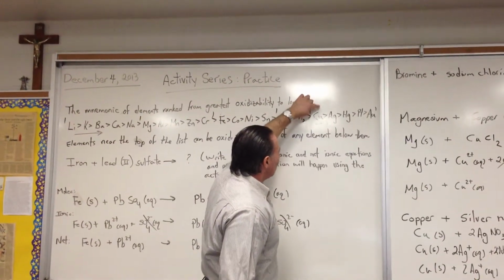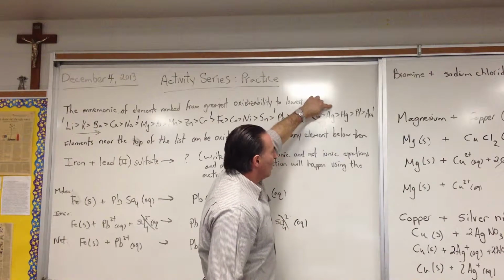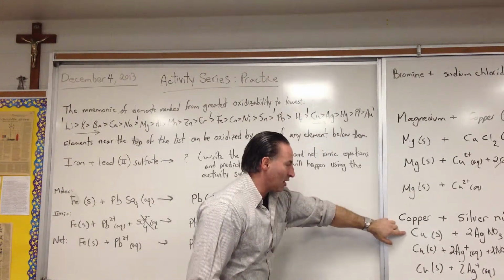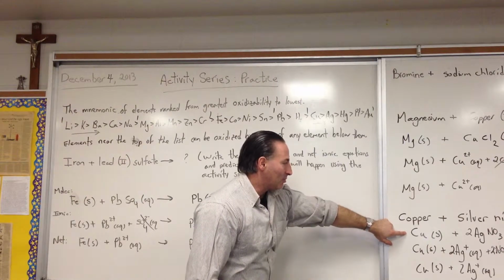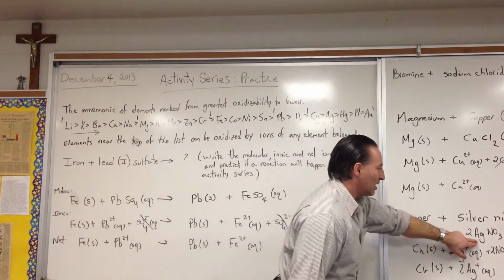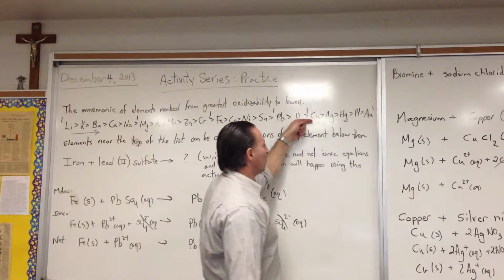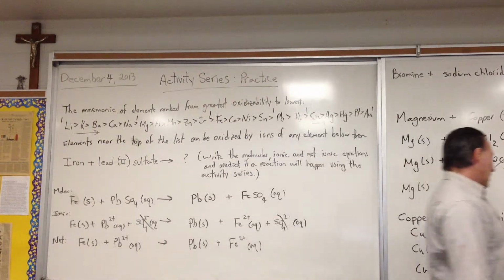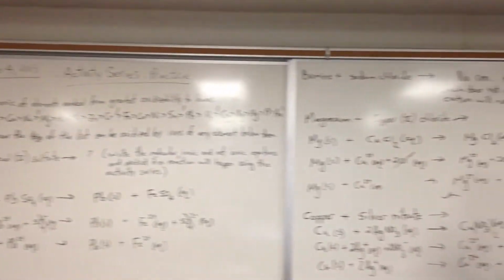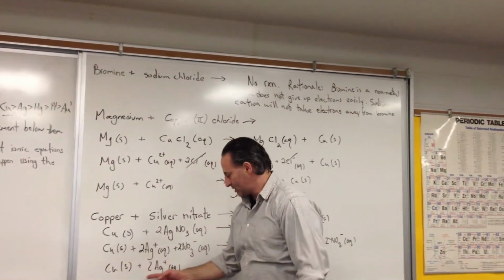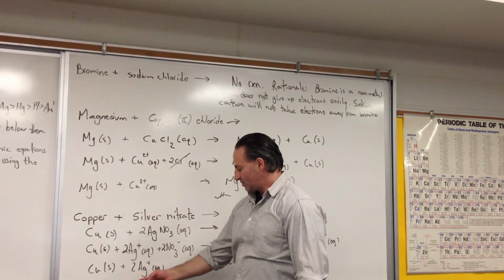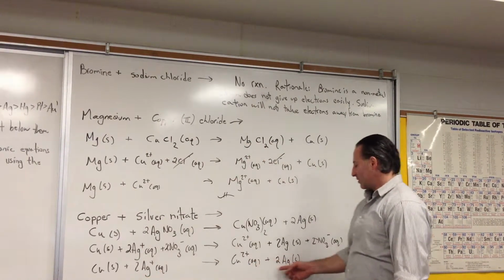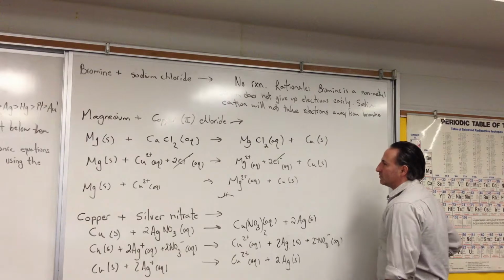So as long as the element is higher than the ion, then the electrons can flow in that direction. And in this case, we start off with elemental copper and Ag+. So the electrons can go from the copper to the silver. And in the net reaction, we'll notice that the elemental copper has reacted with the Ag+ to give the cupric ion and elemental silver.